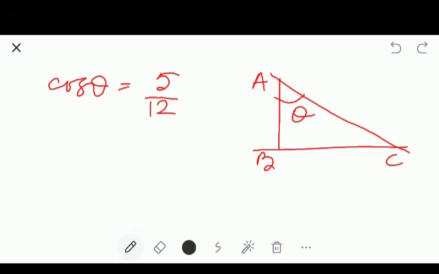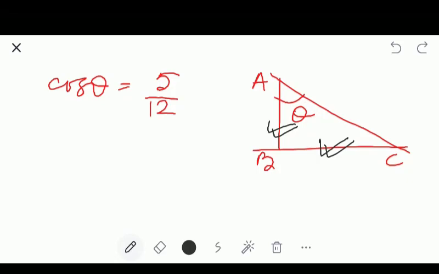The base will be AB, right? And the perpendicular will be the opposite side of that angle, that is BC, because base is always the side which is adjacent to the angle.